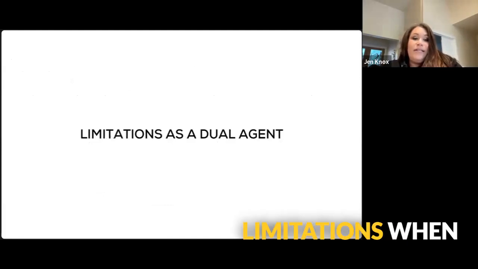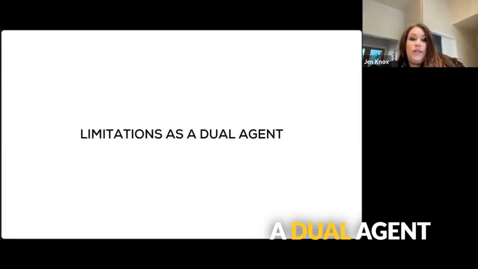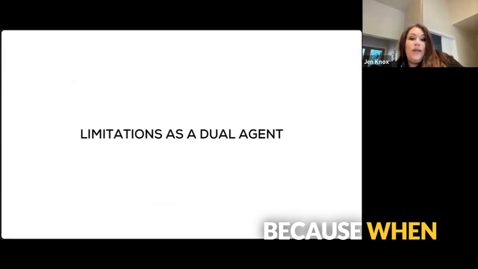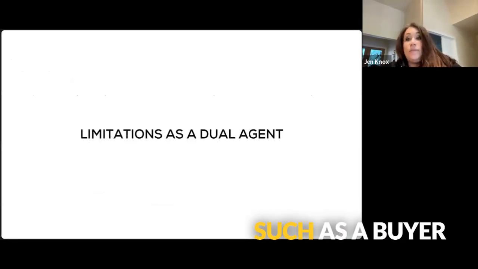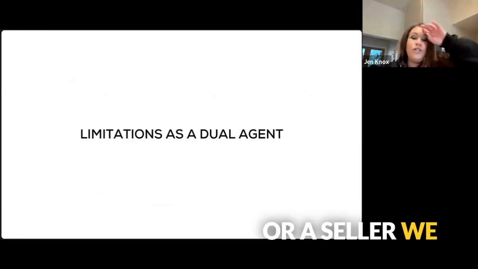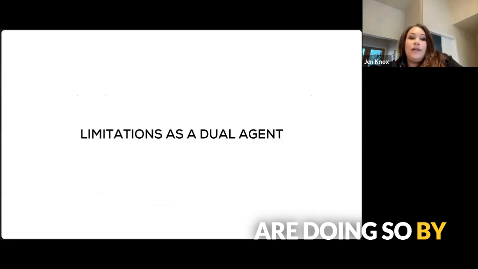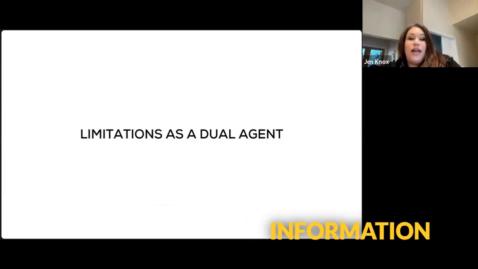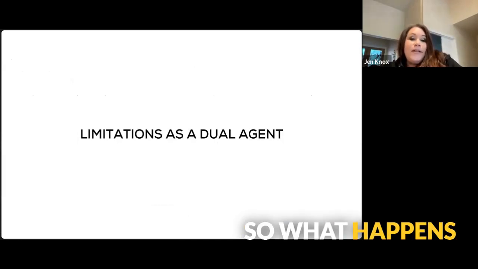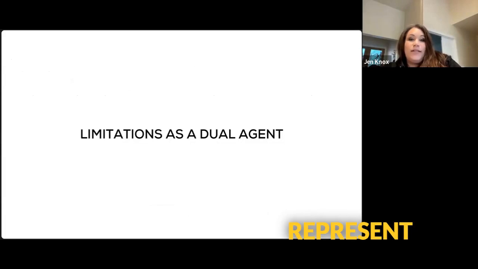Now, we do have limitations when it comes to being a dual agent, because when we represent a specific party, such as a buyer or a seller, we are doing so by gathering some confidential information. And that information is what we need to keep between us and our client. So, what happens when we do represent somebody on either side of the transaction?